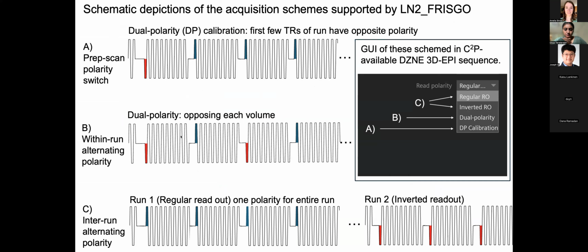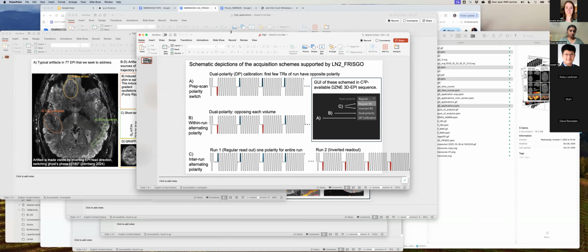Or you can have alternating TRs every other volume, or you alternate your read polarities for different runs, which are all implemented in the 3D EPI way of doing this. So those are the kind of data that LN FRISGO wants to work with.